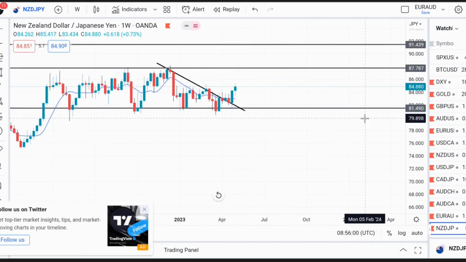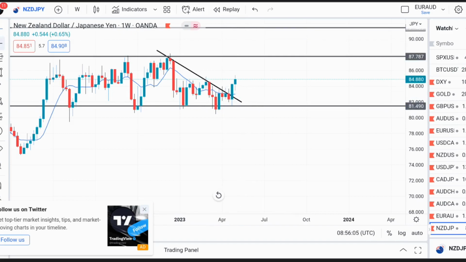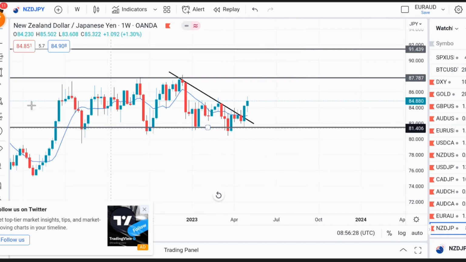You can see we have a breakout already from that level. So we might actually see a retracement to this side, which might actually stop here, and then we'll have a move to 87.787, and then the next level, let's check it right there, is 91439.